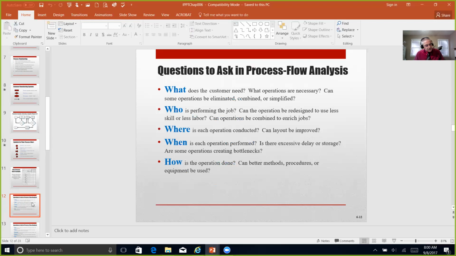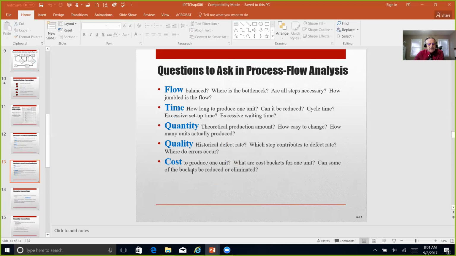It really gets into the five W's and how: what, who, where, when, and then how. So this table, as well as your next table, are good questions for looking at a process flow analysis, as a starting point, not all-inclusive questions, but at least a framework that an individual or a group of individuals could use as they're looking at making an improvement in some particular process.